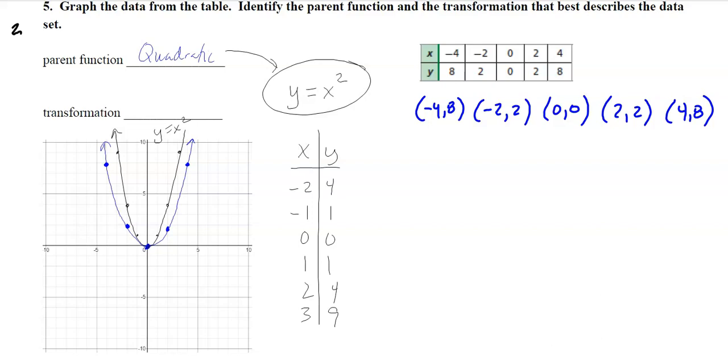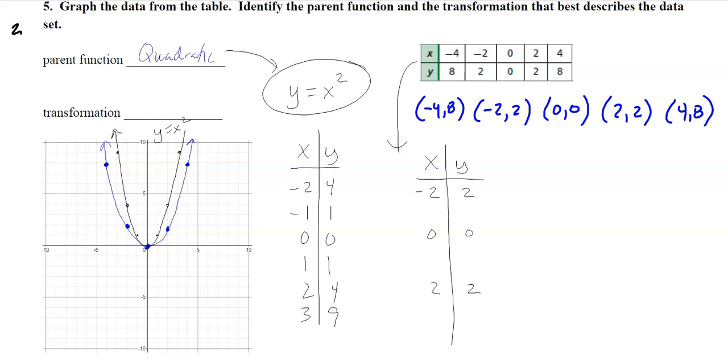It might be easiest if I match up some pairs and try to match up what's going on. So if I put this table over here, let's line him up. The numbers that line up, I have a -2, a 0, and a 2. So this was 2, this was 0, this was 2.